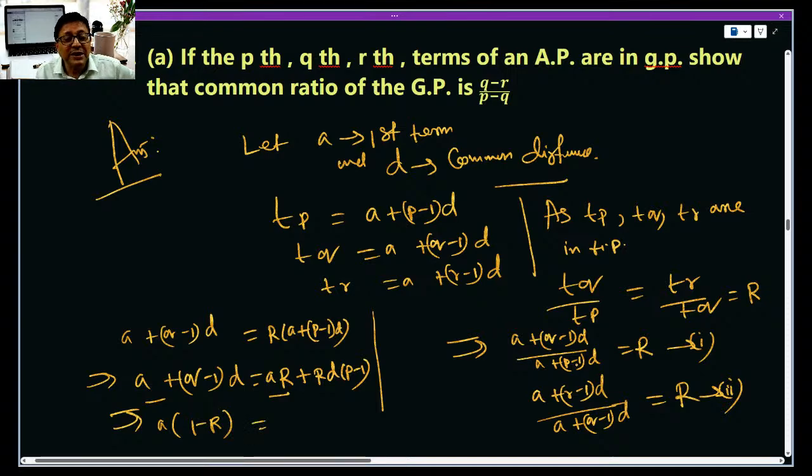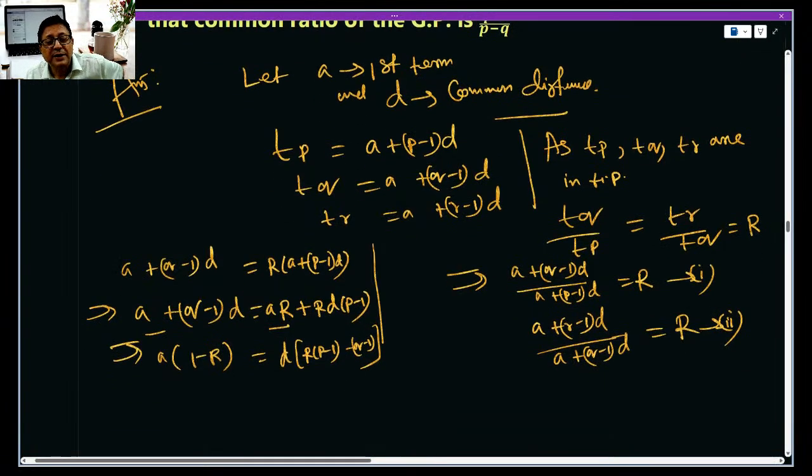So A into 1 minus R equals D into R into P minus 1 minus Q minus 1, isn't it? We got this equation. Take this one as number 3. Clear?